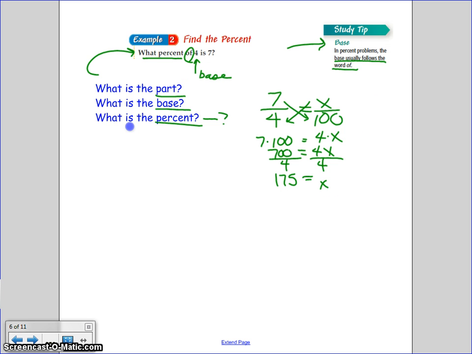X is 175. It means that 7 over 4, 7 parts of a base of 4, is the same as 175%. So like if you got all 4 questions right, plus you got 3 bonus questions right, you got 175% on your test.